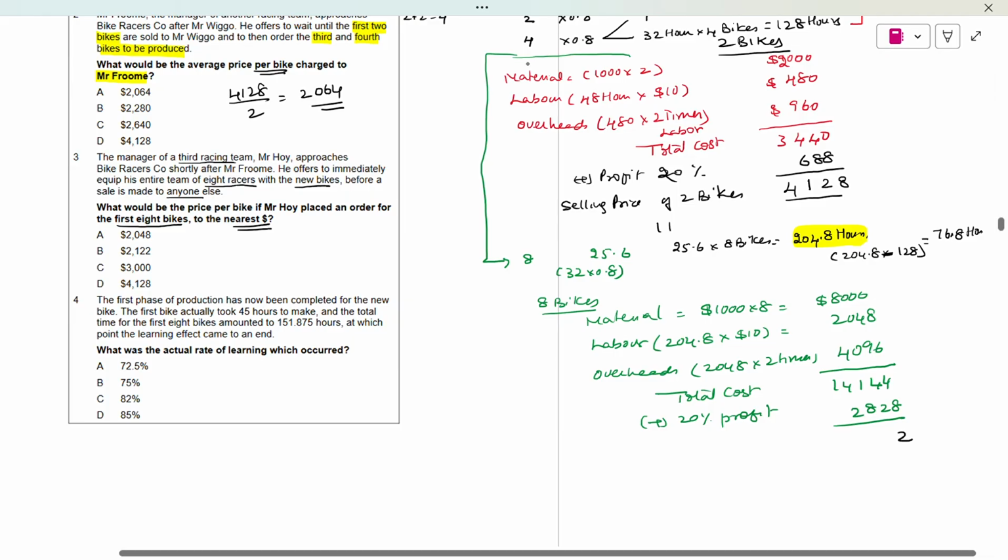How much is it? 21719. No, it is 0. It is 1. It is 71. Check.